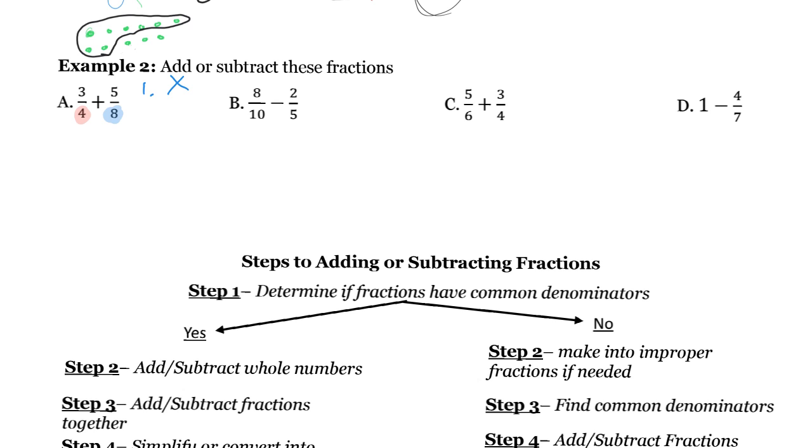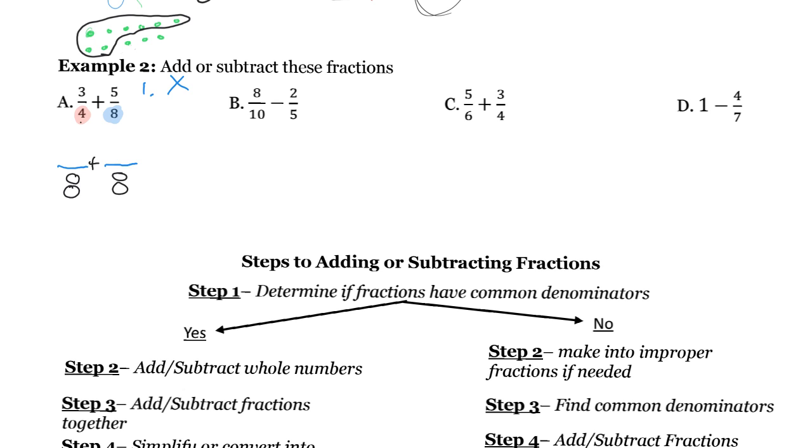We want both fractions to have the same bottom number. What number can 4 and 8 both go into? Hopefully you said 8. They both go into 8.